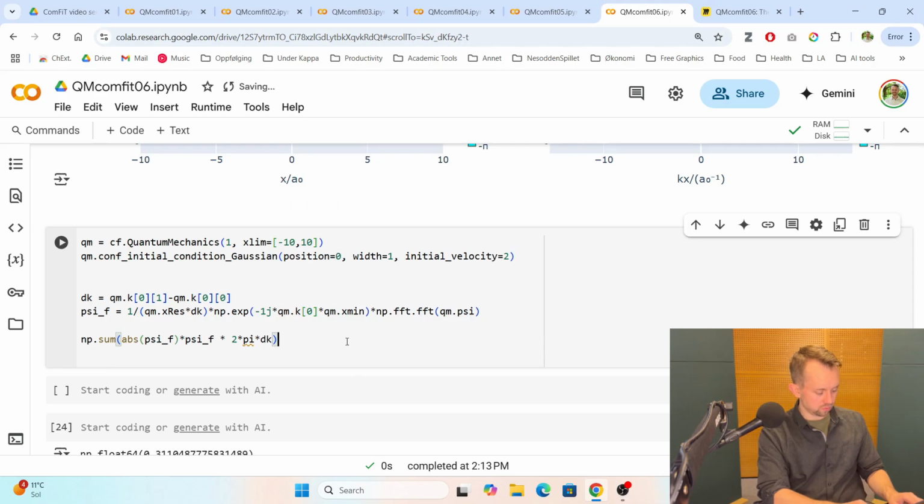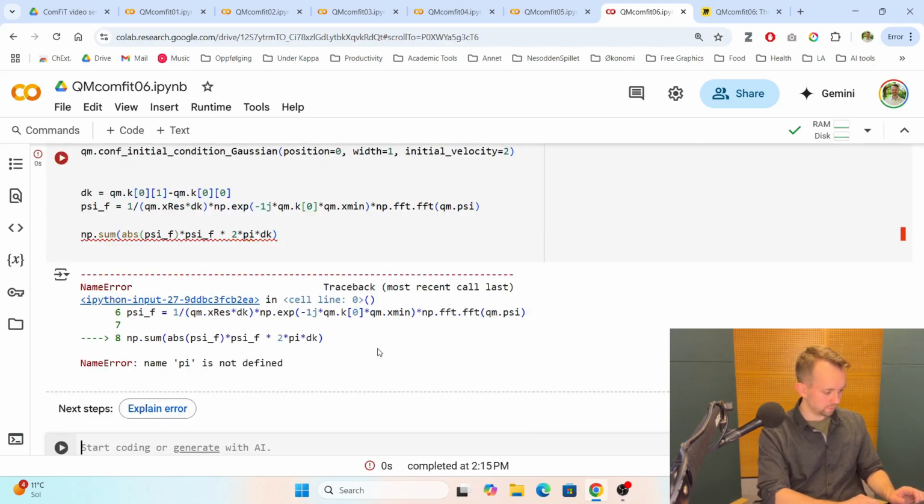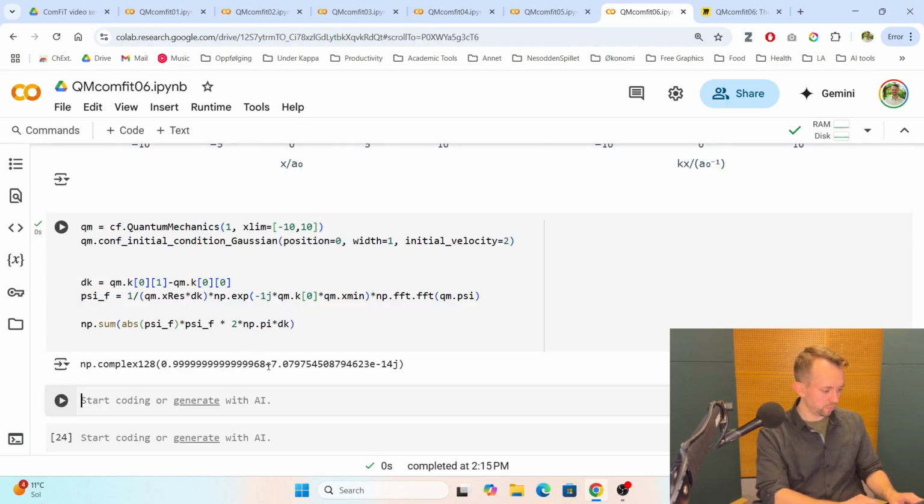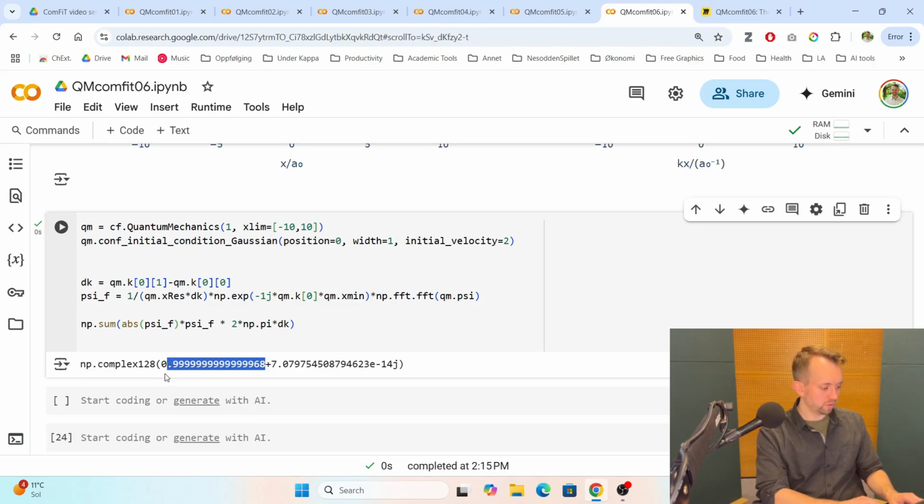I think this should be correct. Let's see what we get. Pi is not defined. We get it from np, I think. Yes. And so you see we get 0.9999999, which is almost 1, and then the imaginary part is 10 to the negative 14, which means that it's properly normalized.